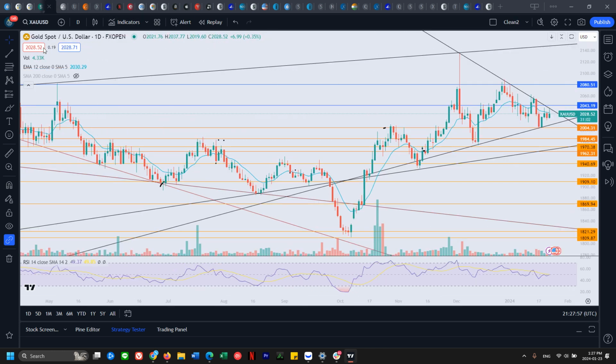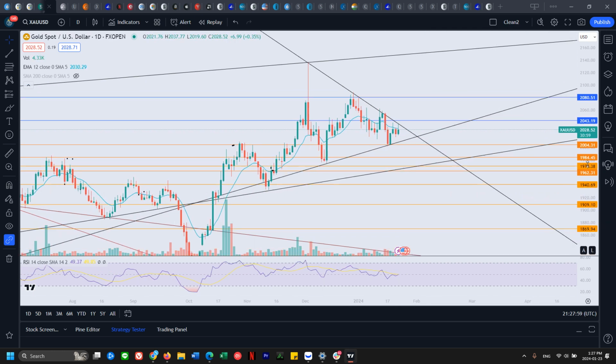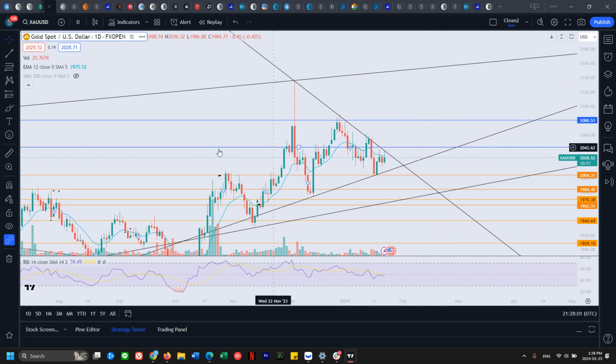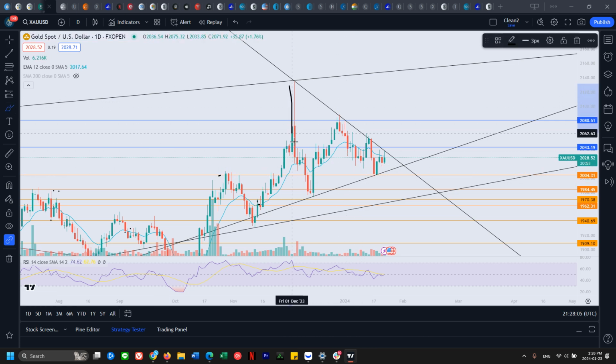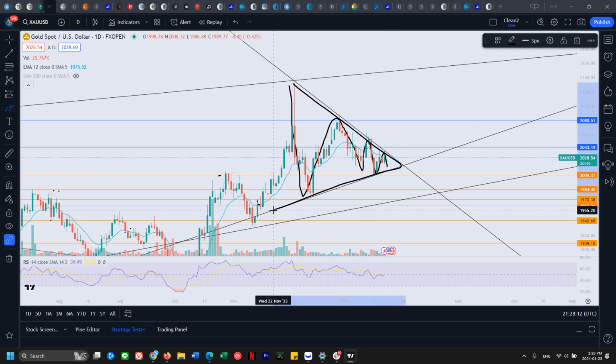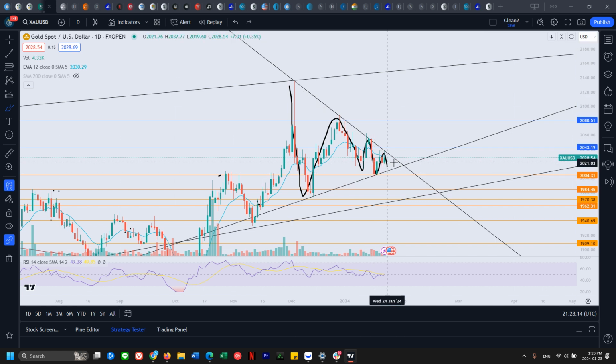Let's take a look at gold here. Gold is still tightening up and has no direction yet as of now. Big move down, big move up, big move down, big move up, tighter. So pretty much until it breaks out of this tiny range, we know where it's going to be trading. So no fake outs here, and let's see if it breaks soon.